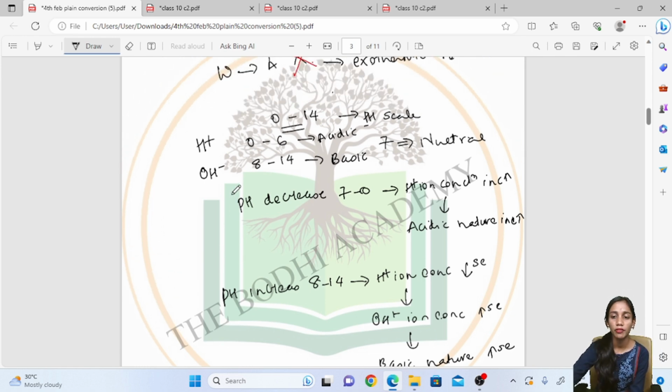So this is all we need to know about the universal indicator, which is pH, which has a scale from 0 to 14.